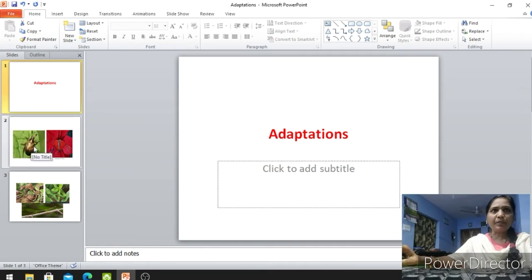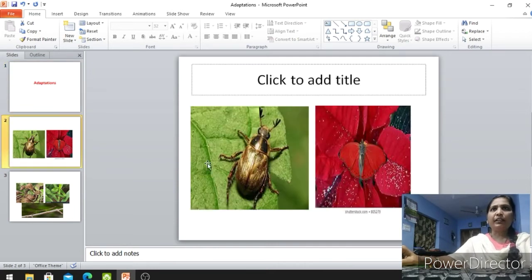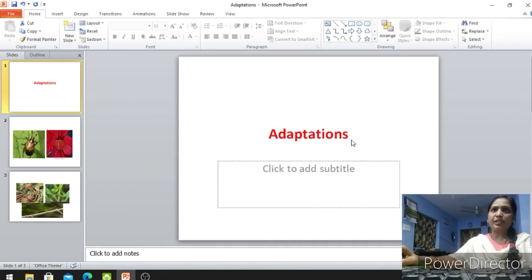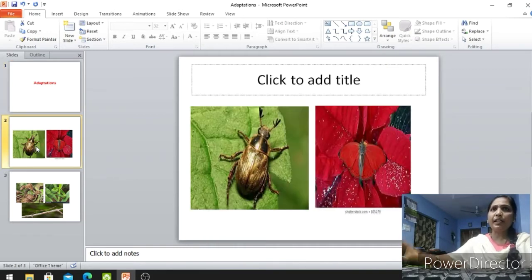According to the changing environment, the changes they require to survive in that particular environment are known as adaptations. Adaptations means the changes any living organism acquires according to the environment where it is living.